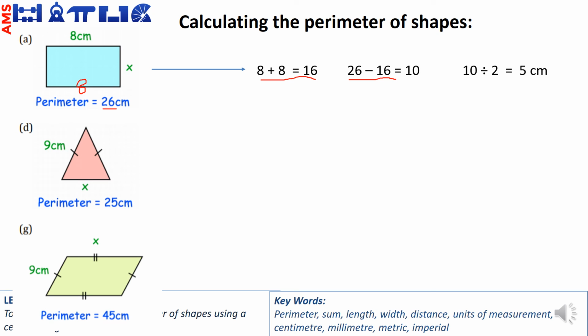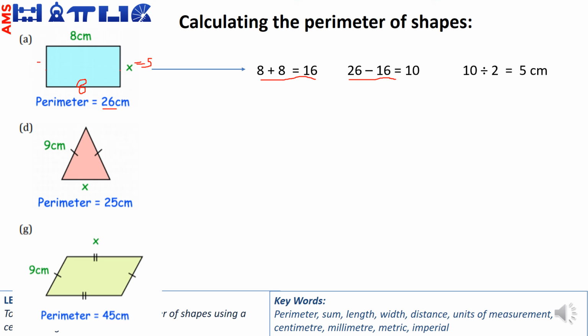Now this 10 will have to be shared for these two sides. And since on a rectangle the opposite sides have the same length, we will have to divide 10 by 2 to get 5 centimeters. So the length marked X is 5 centimeters.